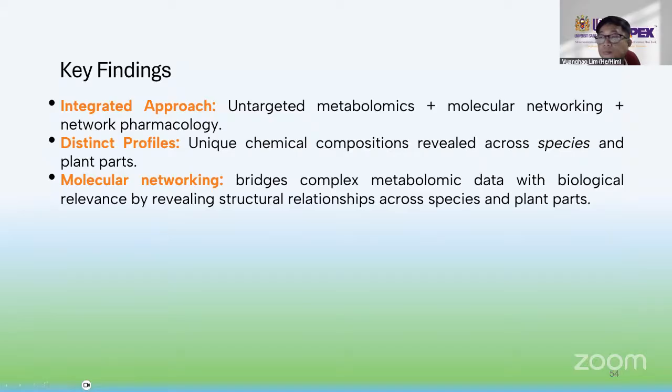From the whole picture of what I have mentioned just now, for the key findings, to conclude today's sharing, I would like to highlight several important take-home messages. The first is that untargeted metabolomics enables comprehensive chemical profiling of medicinal plants, which allows us to move beyond the traditional one-compound-at-a-time approach. Secondly, molecular networking significantly improves metabolite annotation by organizing structurally related compounds into meaningful molecular families.